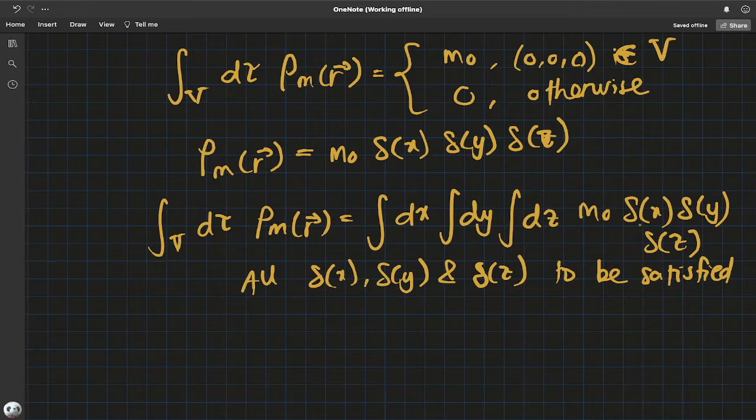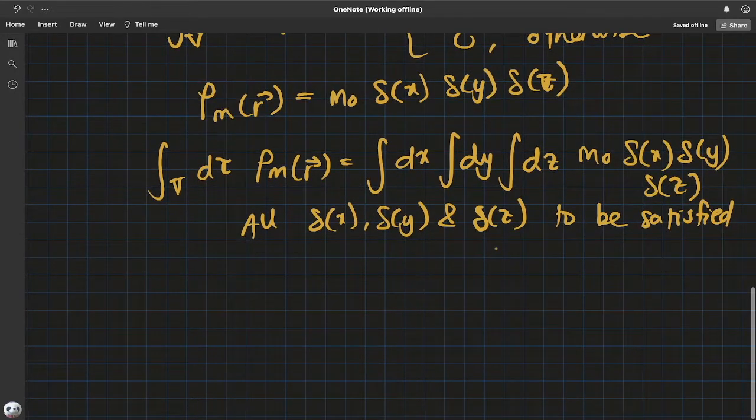And that's the problem with fixing one of them. Fixing 2 of them, you just get a line or a curve, and fixing all 3 of them, you get a point. So you want a point for a point charge, so we want all 3 of them to be satisfied.